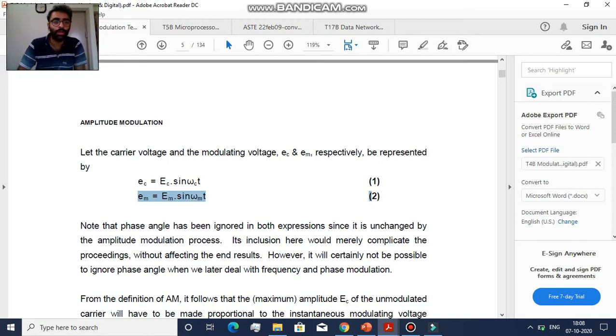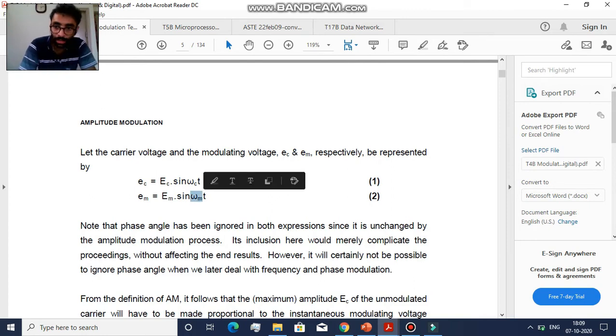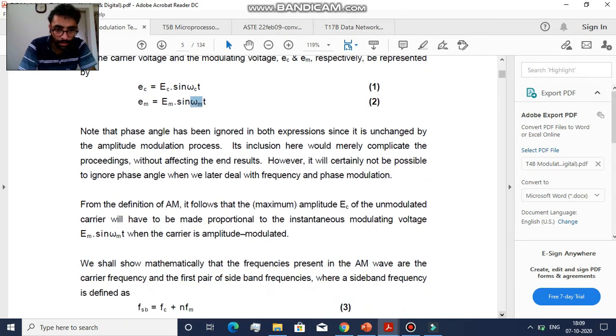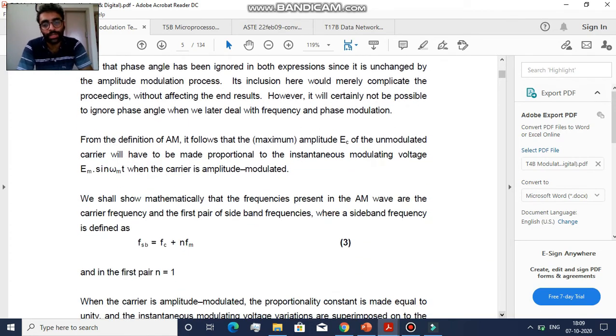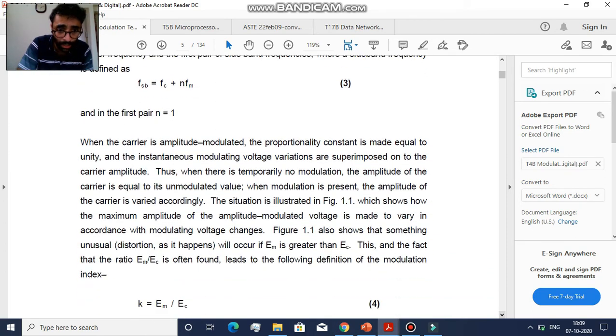The instantaneous value of the modulating voltage is given by e_m = E_m sin(ω_m t), where capital E_m is the amplitude of the modulating signal and ω_m is the angular frequency of the modulating signal. Now, as per the definition of amplitude modulation, the amplitude of the carrier wave, or the instantaneous voltage of the carrier wave, should vary in accordance with the instantaneous value of the modulating signal.